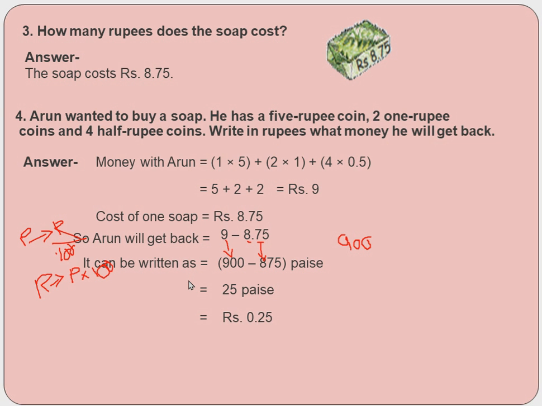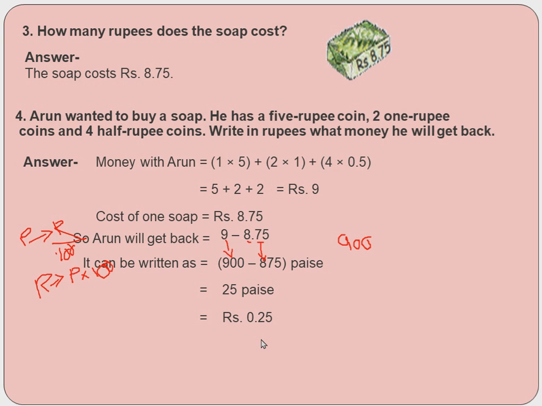Just now I told you 99 paisa, how will you write it in rupees? 0.99. Similarly 25 paisa in rupees is 0.25. Paisa to rupees means you have to divide by 100. So when you divide 25 by 100 it is 0.25, because 1 by 100 is written as 0.01.